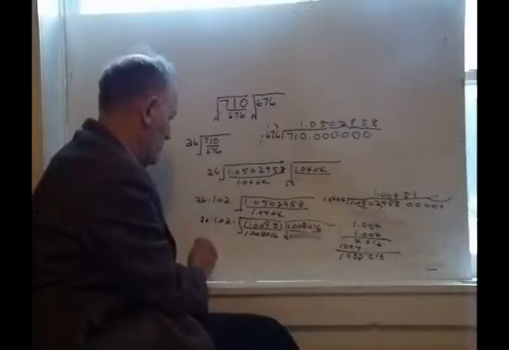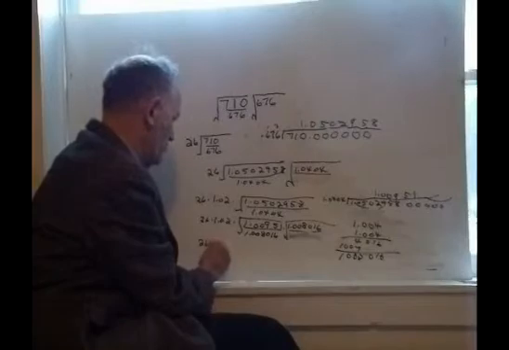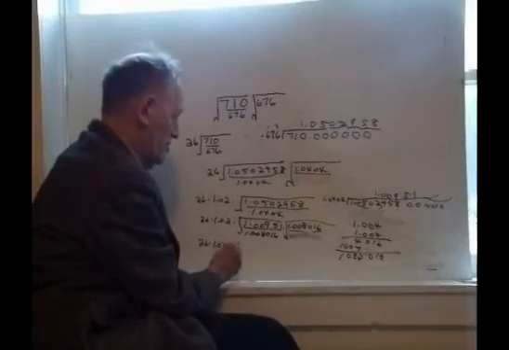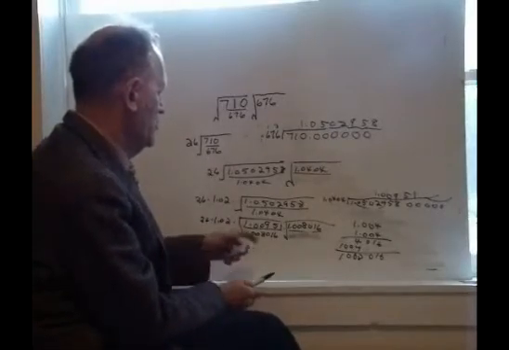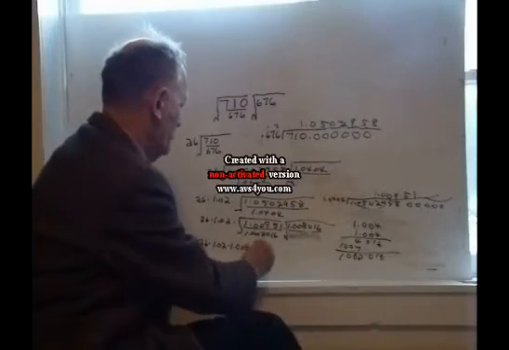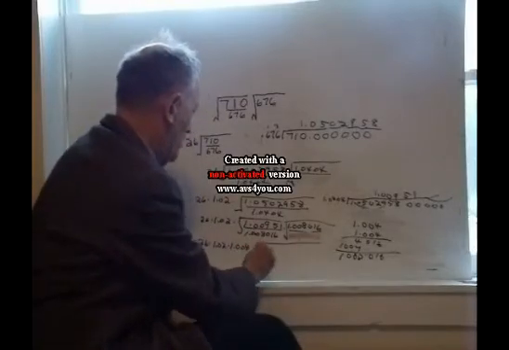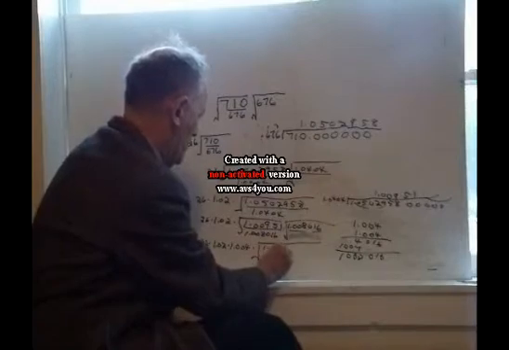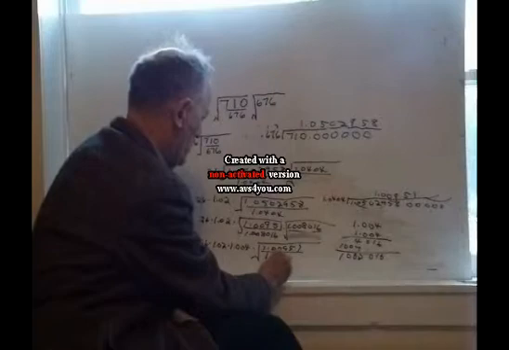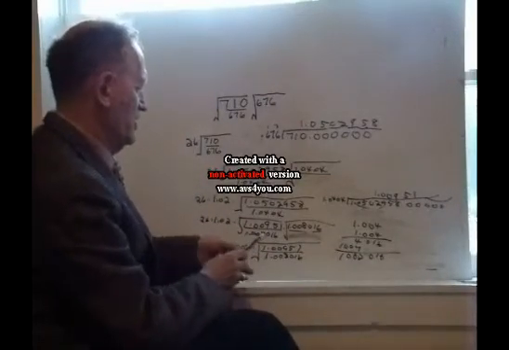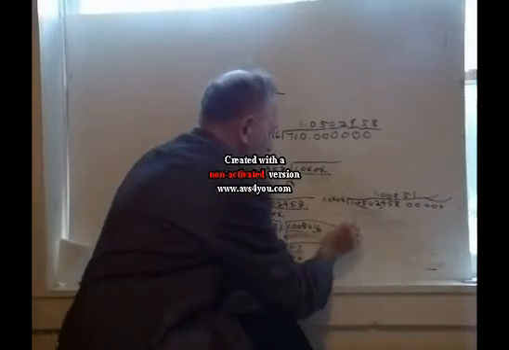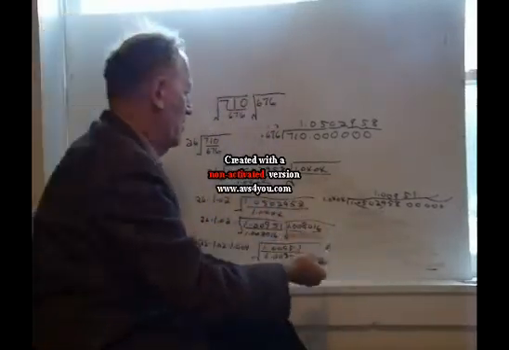I already know it's, I have 26 times 1.02 times 1.004 times, okay, I'm going to do times this quotient here, 1.00951 divided by 1.008016.